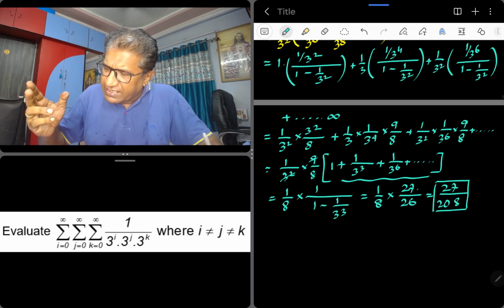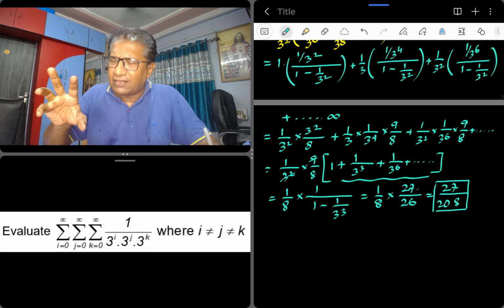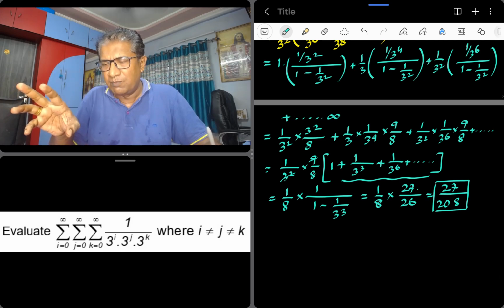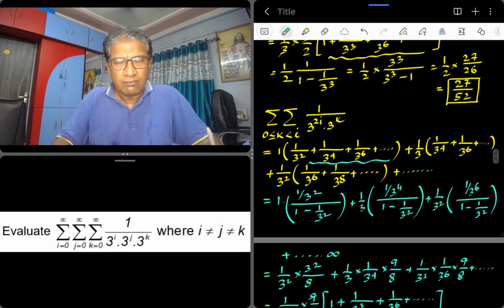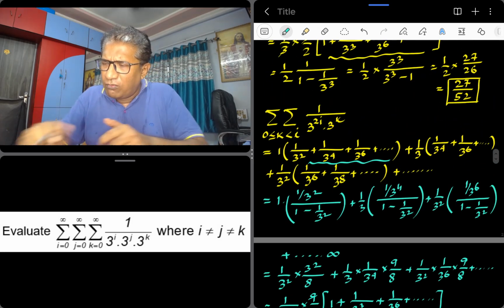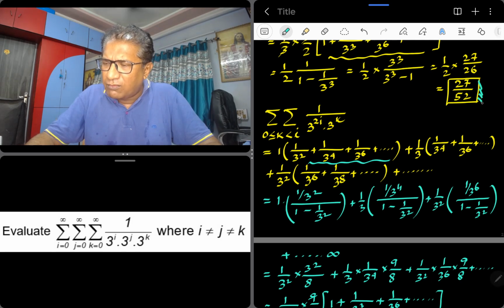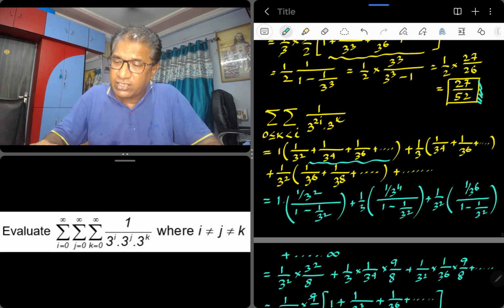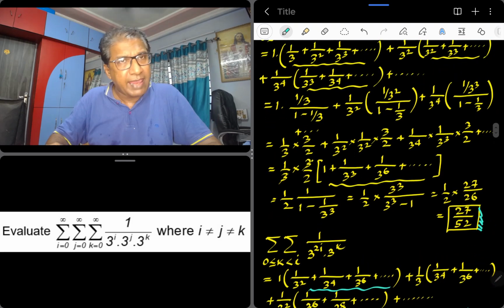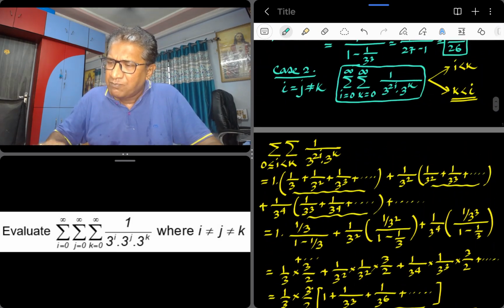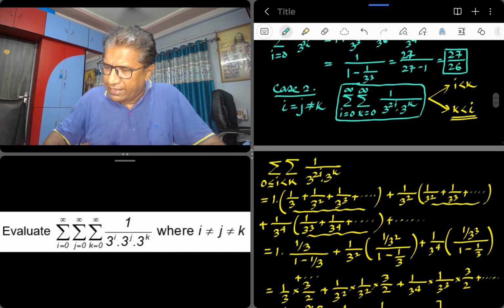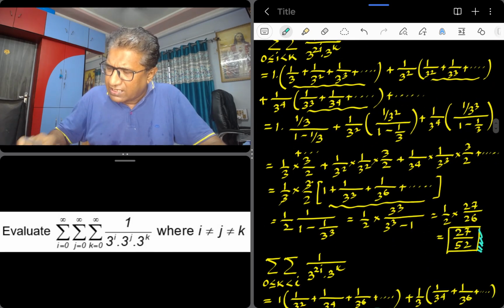So this 27 over 208 is the sum of those terms in which your K is less than I. And 27 over 52 is the sum of those terms in the series in which your I is less than k.